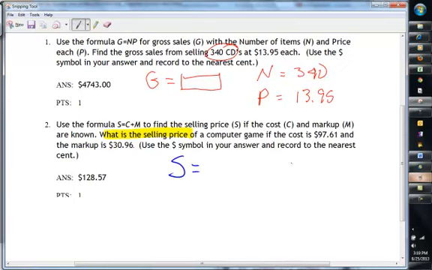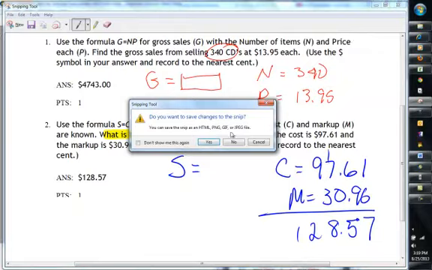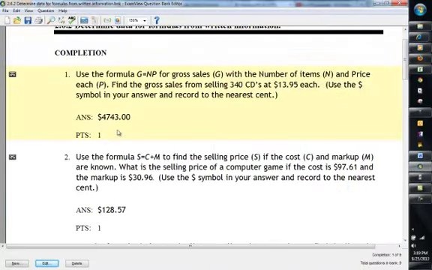S equals, well, we know what C is. The cost is $97.61 and the markup is $30.96. So we add those two together and we get $128.57. So the selling price is $128.57. Let's look at the next ones.